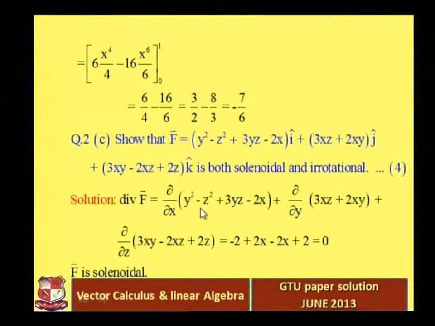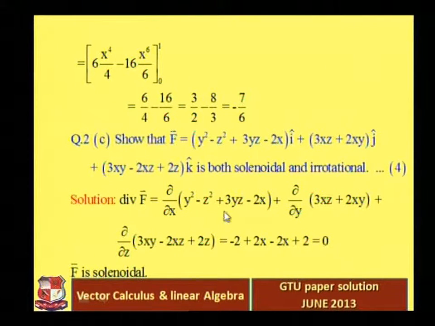Now what is the derivative with respect to x of this term? The derivative of y cube with respect to x is 0, and the derivative of z square with respect to x is also 0. The derivative of 3yz is also 0, and for minus 2x, the derivative of x with respect to x is 1, so that's where minus 2 is coming from.